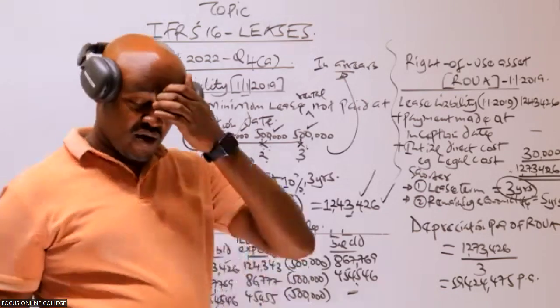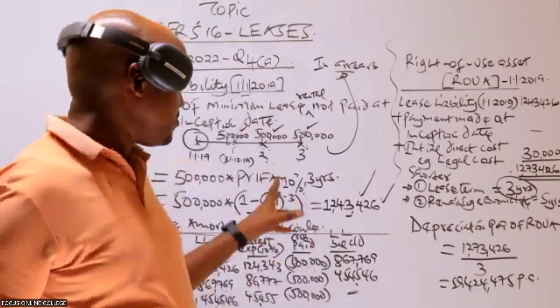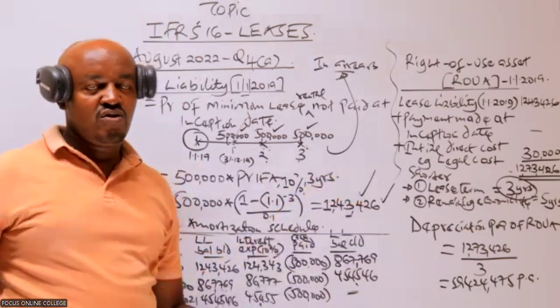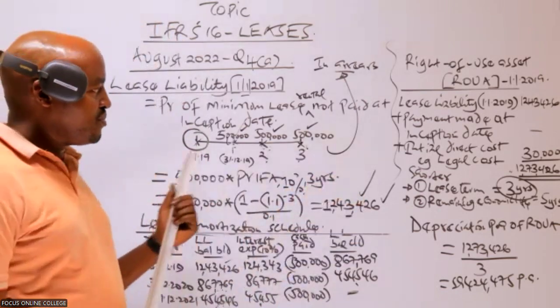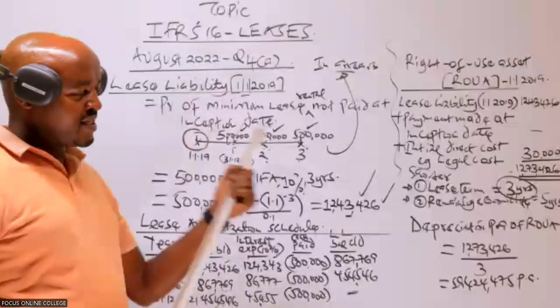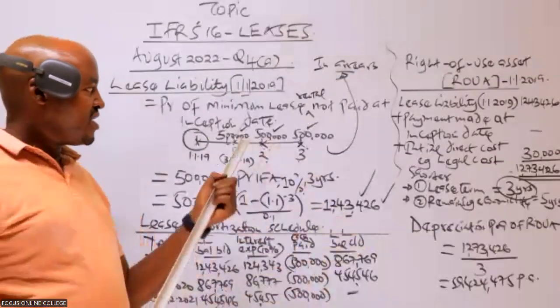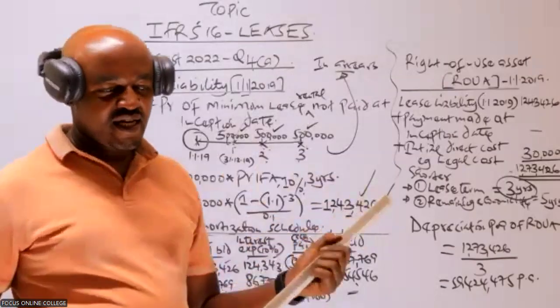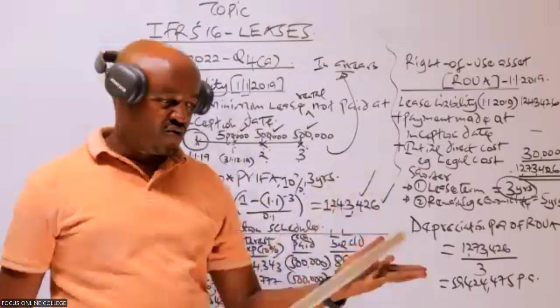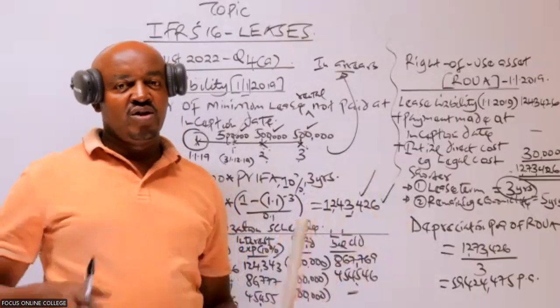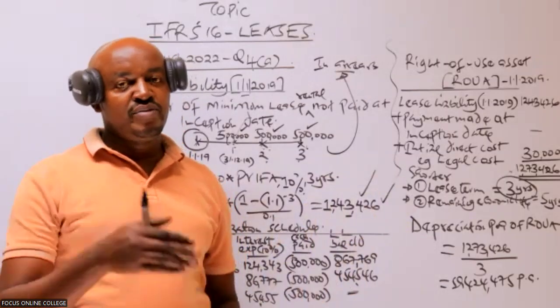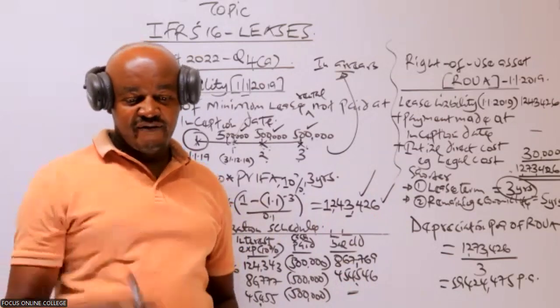For you to analyze how this was supposed to be accounted for, you need to prepare financial statement extracts for year 1, year 2, year 3. The financial statement extracts include the income statement and the statement of financial position. You show what was supposed to be recognized in the income statement and in the statement of financial position.